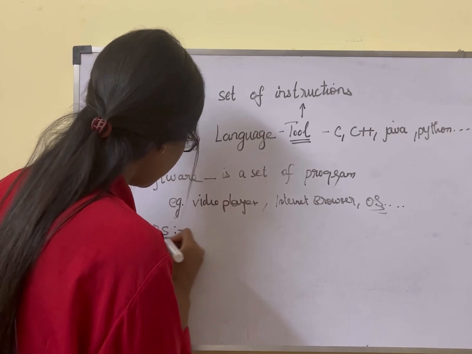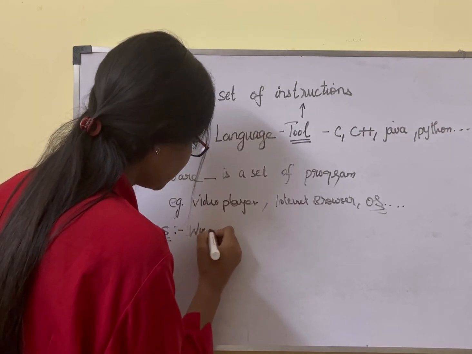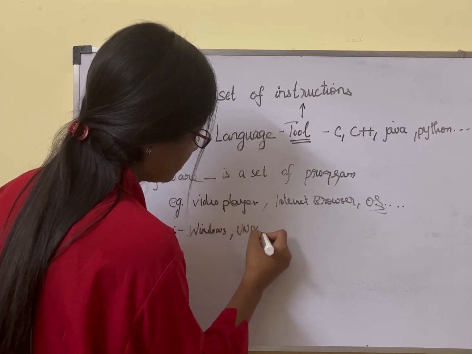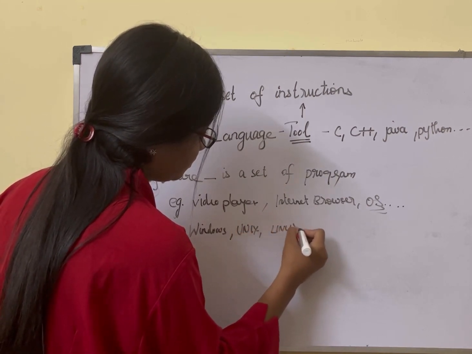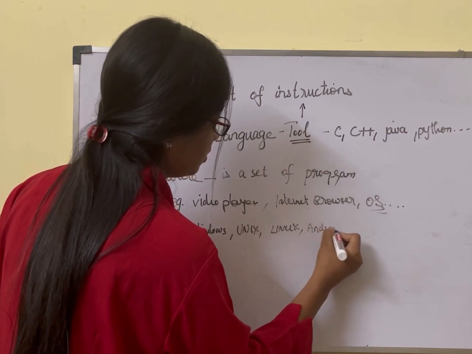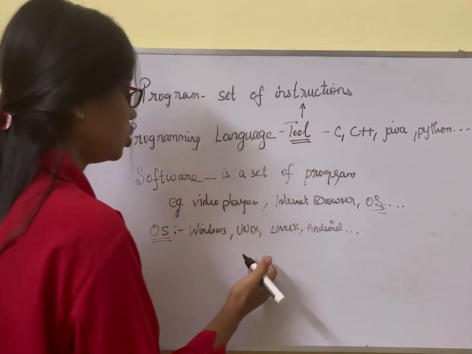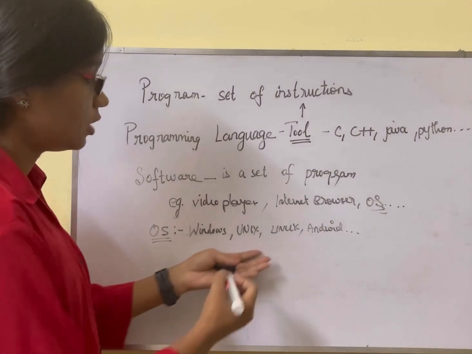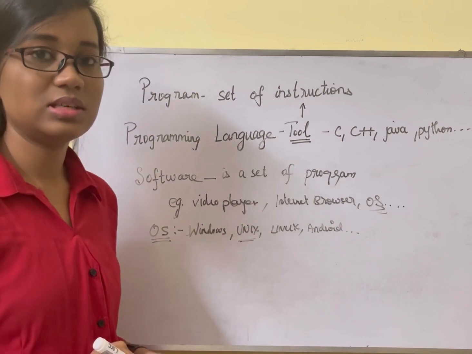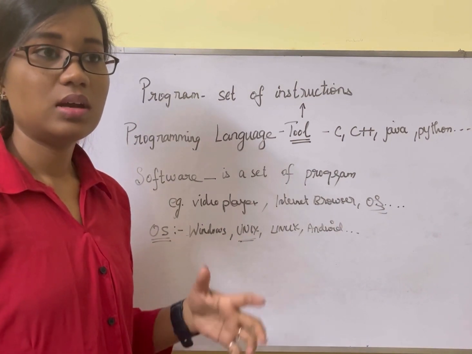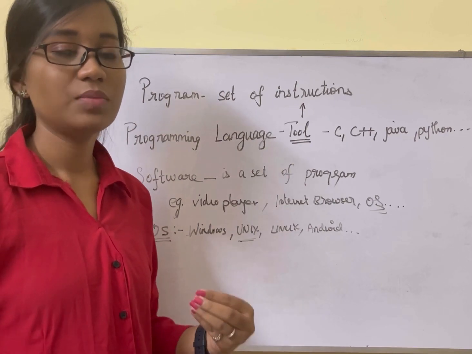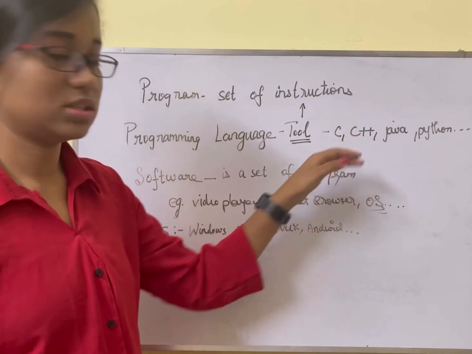So some of the examples for OS are Windows, Unix operating system, Linux, then Android, like that. So C was first developed to write Unix operating system. C is used to write operating systems and create games, and C cannot create an app, but we can give some effects to the app using C language.